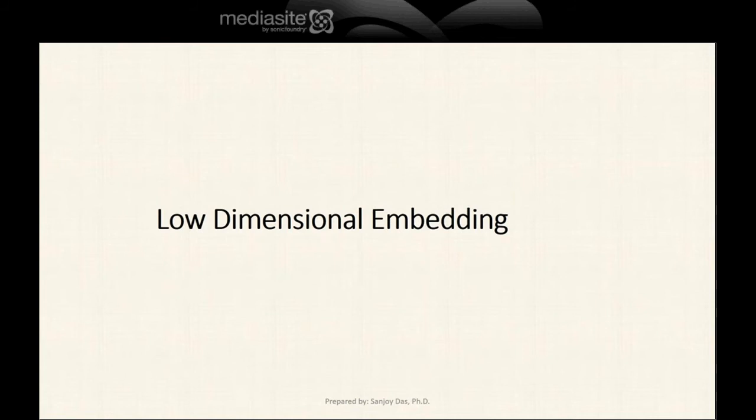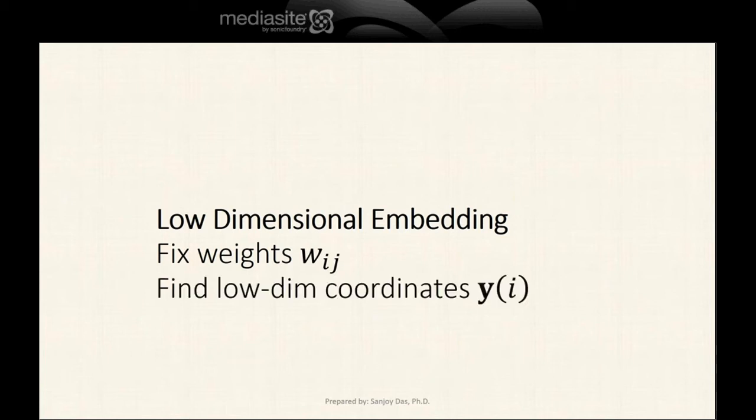So now let's move on to low dimensional embedding. At this point, the weights have been determined already, and let's fix the weights. We won't change the weights any longer. And now our goal is to find the low dimensional coordinates yi, where i is a sample and yi is the m-dimensional coordinate vector corresponding to the same sample point i.